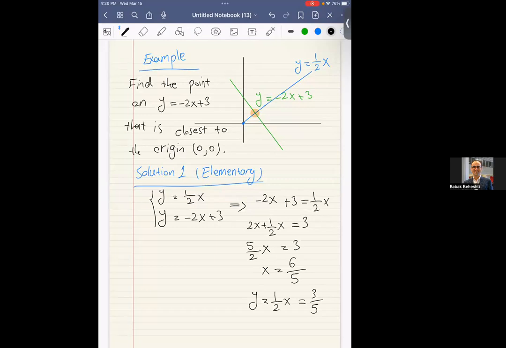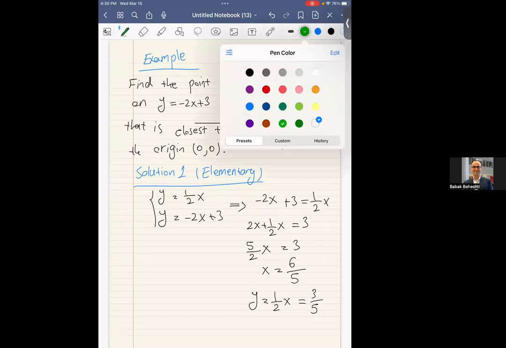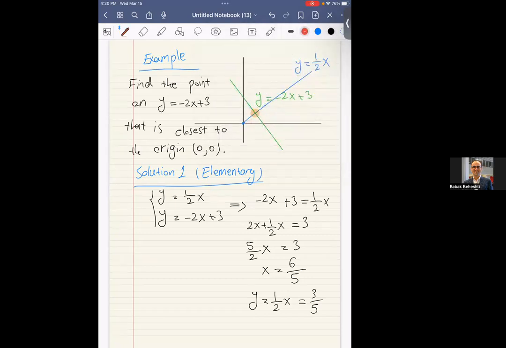So the closest point to the origin on this line is the point with coordinates 6/5 and 3/5. Right?